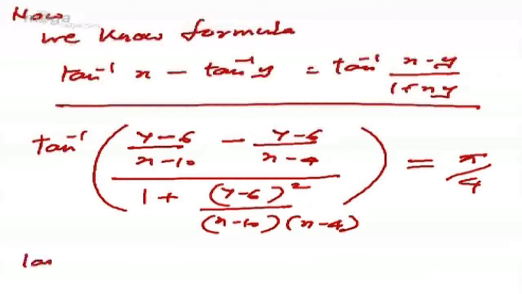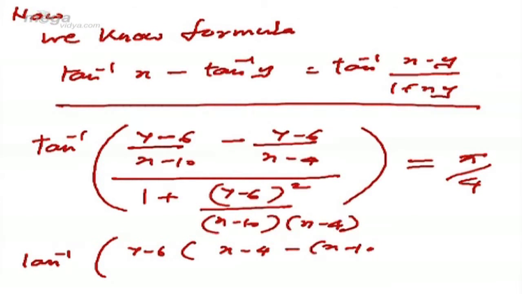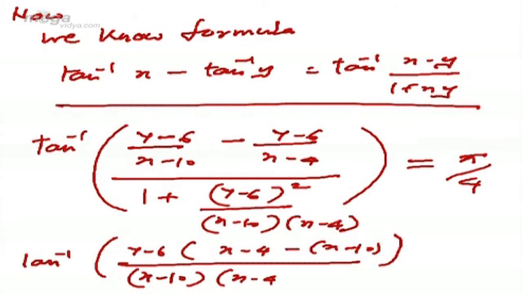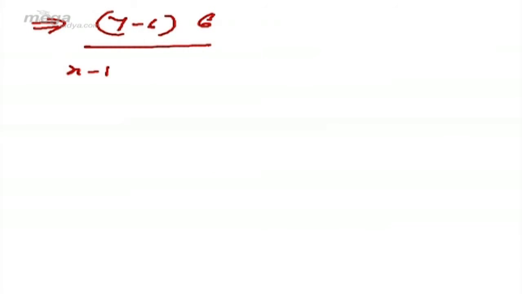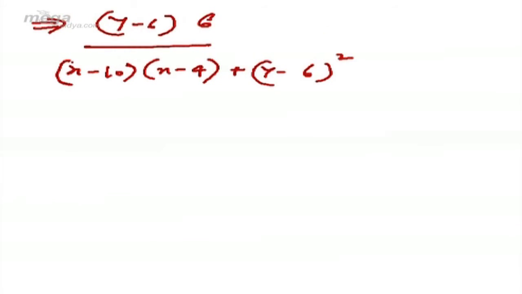So this will become tan inverse of (y minus 6) into [(x minus 4) minus (x minus 10)] divided by (x minus 10) into (x minus 4) plus (y minus 6) whole square, is equal to pi by 4. This can be written as (y minus 6) into 6 divided by (x minus 10) into (x minus 4) plus (y minus 6) to the power 2 is equal to tan pi by 4.